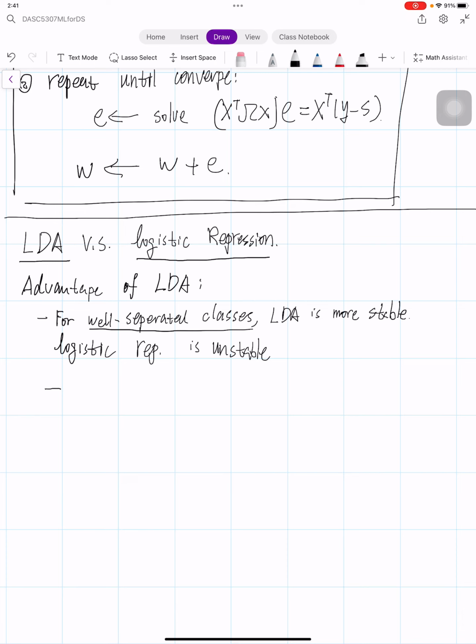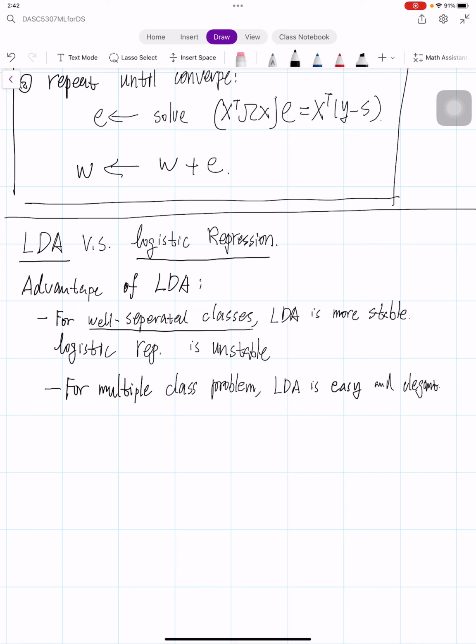So another advantage is for the multiple classes problem. LDA is relatively easy and elegant to apply.